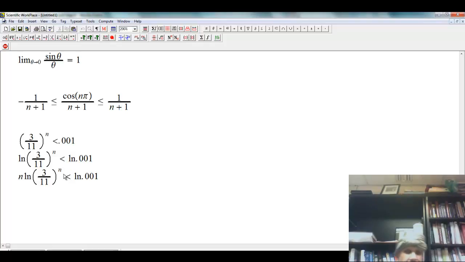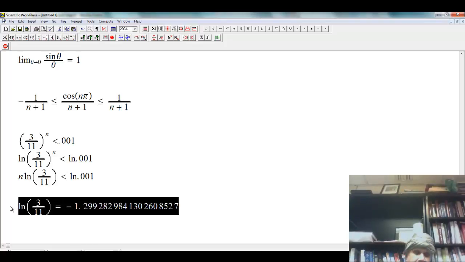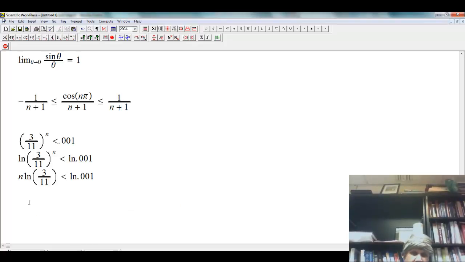Sure. So it's 3/11 to the power n, and I'm ignoring the absolute value because this quantity is positive. It's less than 0.001, right? So what do I do? I take natural logs on both sides.